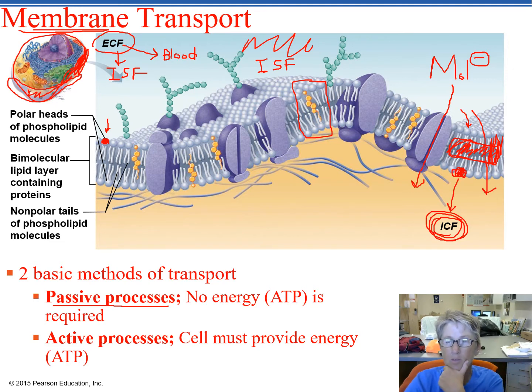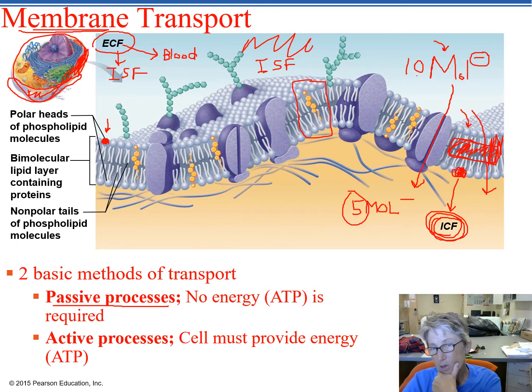Let's say you're this negatively charged molecule over here, and there are 10 of you out here and only 5 of you on the inside of the cell. Then you have a greater concentration outside at 10 than inside at 5, and if this channel is open, you will diffuse down your concentration gradient passively.